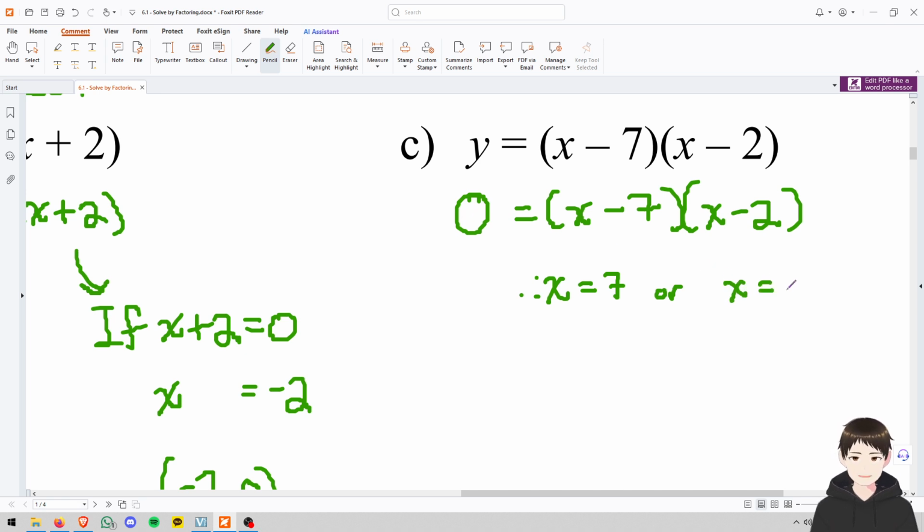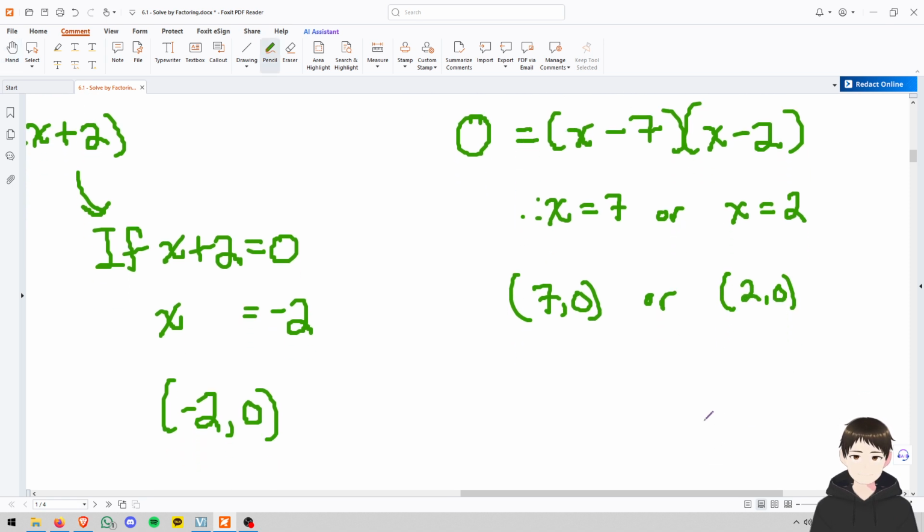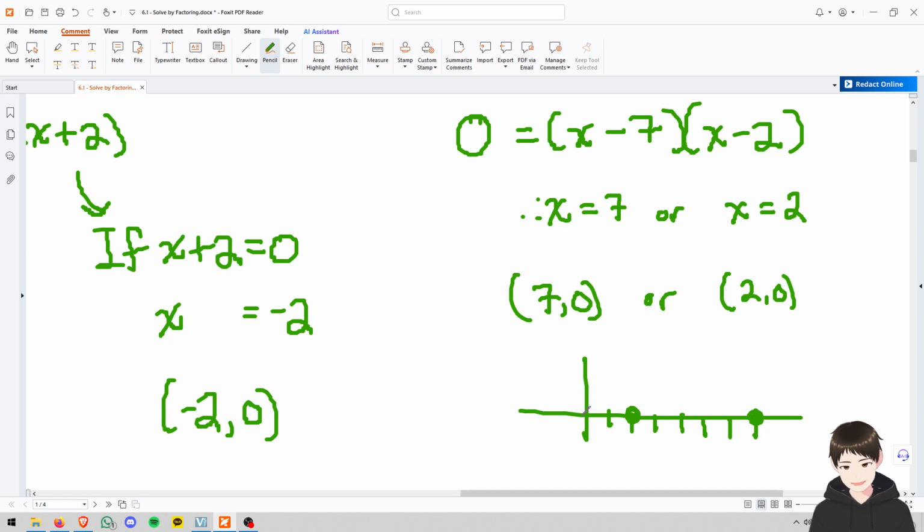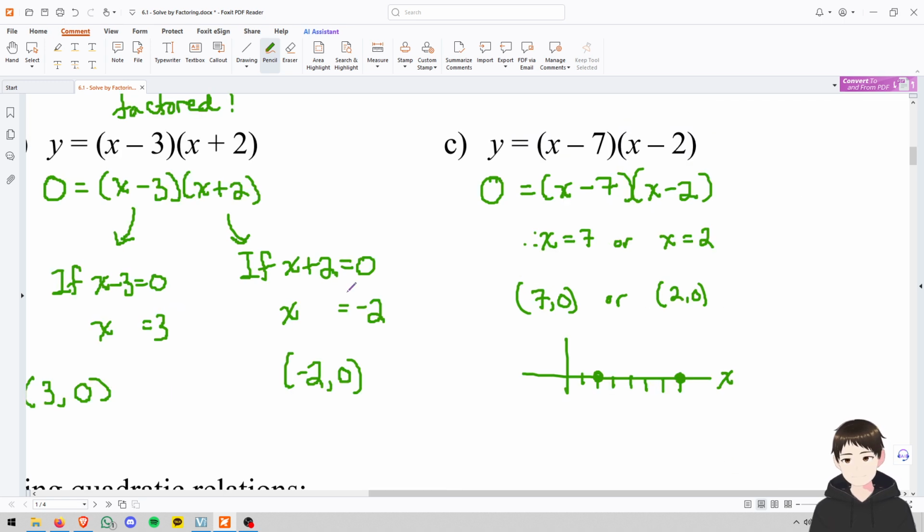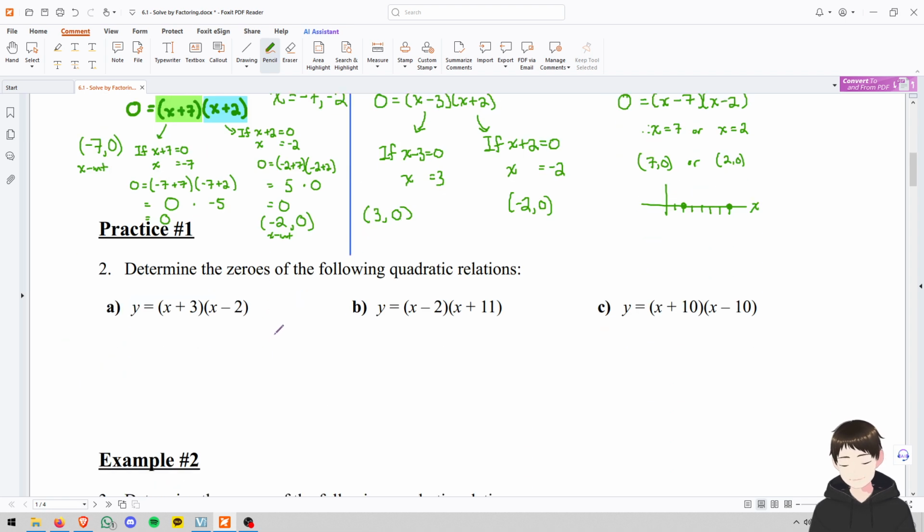So x could be 2. My x-intercepts are (7, 0) or (2, 0). Right? 1, 2 is my x-intercept, 3, 4, 5, 6, 7. It's going to be like that. So I don't know where the parabola direction is going, but I do know it crosses the x-axis at those locations. Okay, so I'm going to leave these for you.